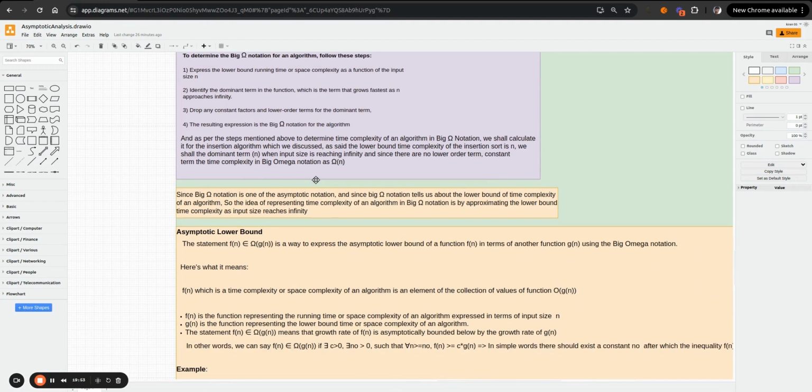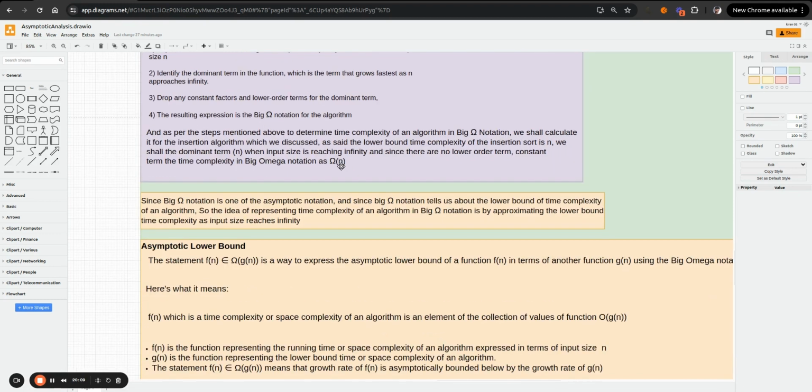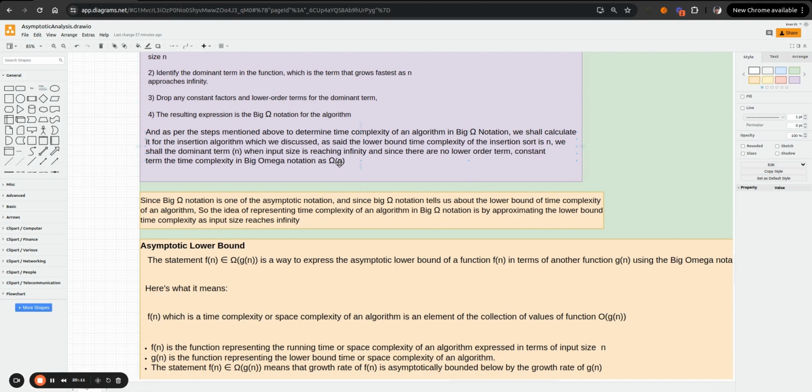Now since big omega notation is itself an asymptotic notation, the expression in big omega doesn't tell the exact time complexity of an algorithm. Here we are saying that the time complexity of insertion sort in big omega is big omega of n, right? So this n doesn't give the time complexity of this algorithm at all.